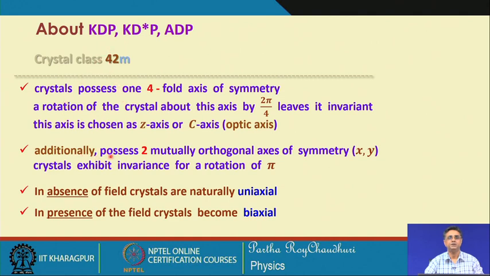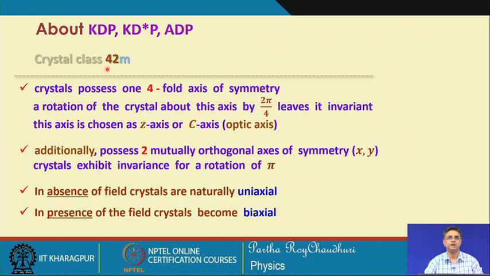In addition to this, the crystals possess two mutually orthogonal axes of symmetry about x and y. These exhibit invariance for a rotation of pi. So, if you rotate by an amount pi, the crystal again remains invariant.